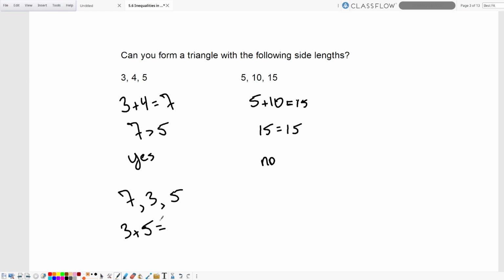I wanted to go over this example because in my previous ones, they were in increasing order, so we always just took the first two numbers, but it's the smallest numbers that we want to add. So you get 8. Well, 8 is larger than 7, so yes, this would be a triangle. So all you have to do is add the two smallest numbers. If the smallest numbers have a sum that's larger than the largest side, or longest side, then you can form a triangle.